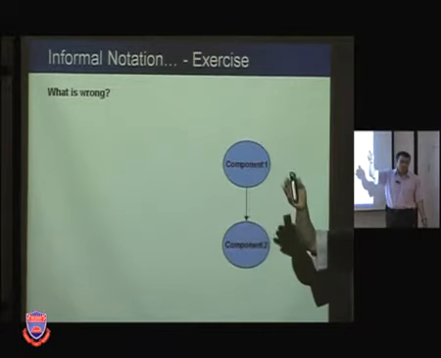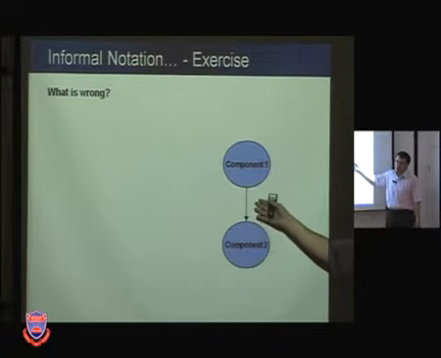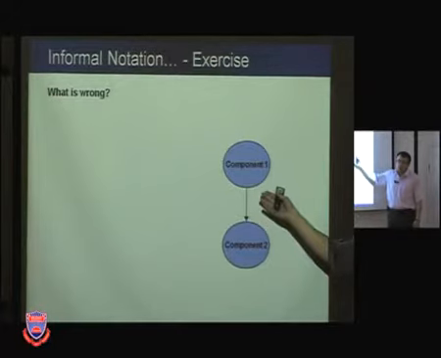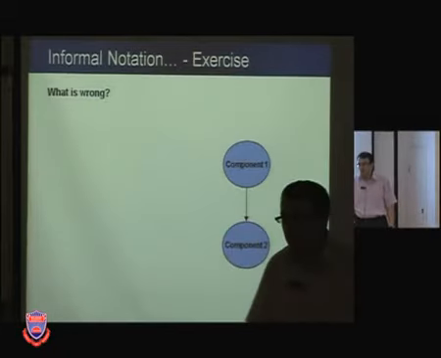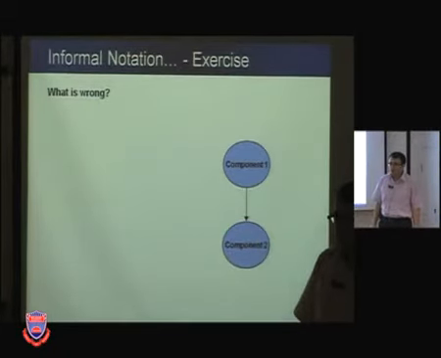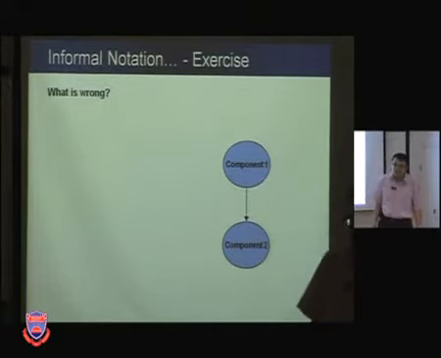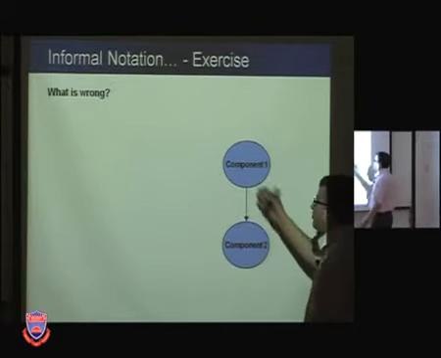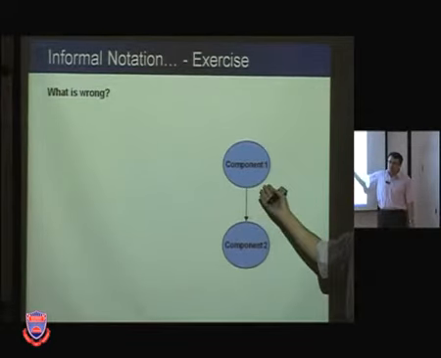If I would ask, maybe I would have two or three different answers. So what would it be according to you, typically? Maybe it has a relation. What other kind of relation could it be? Anything is possible. So does this relation reflect what it means in this informal diagram? No.